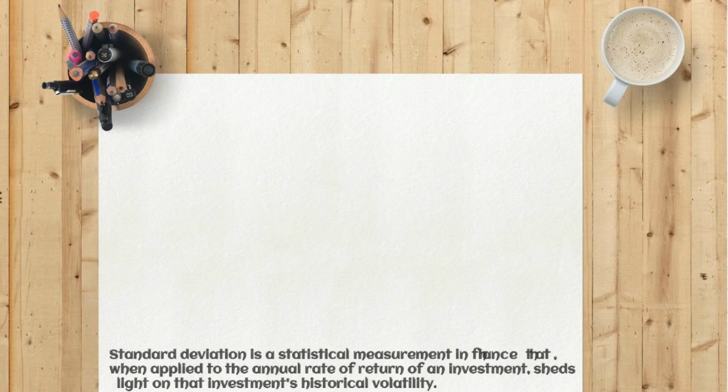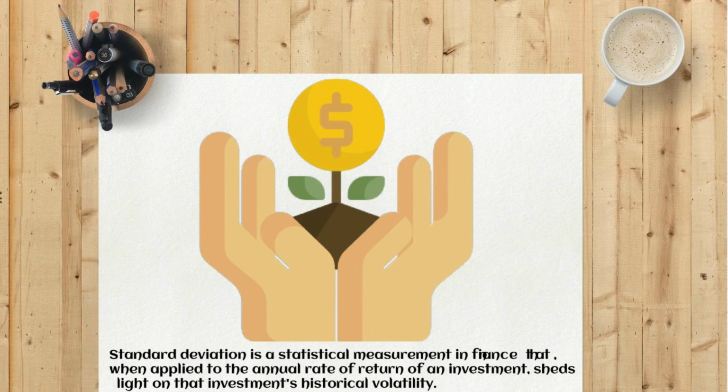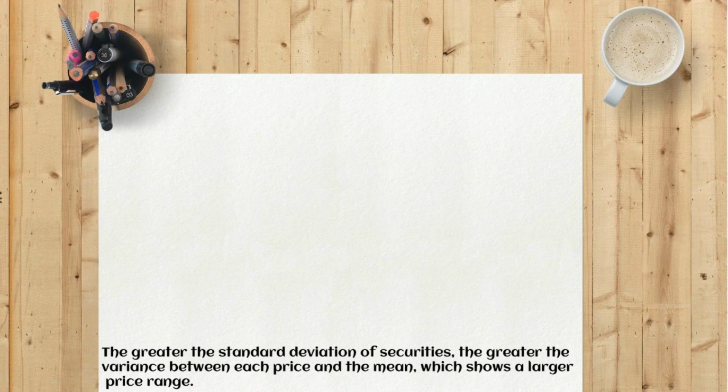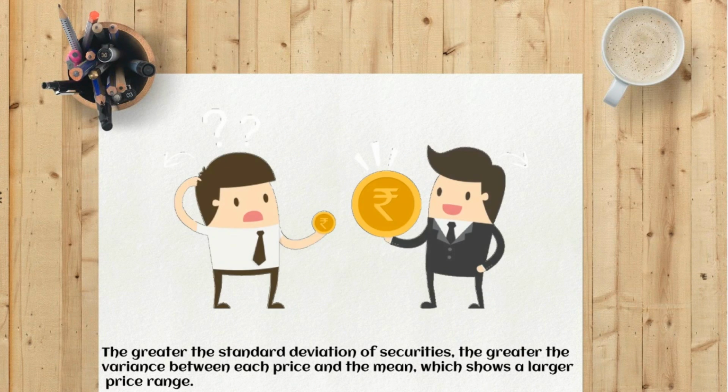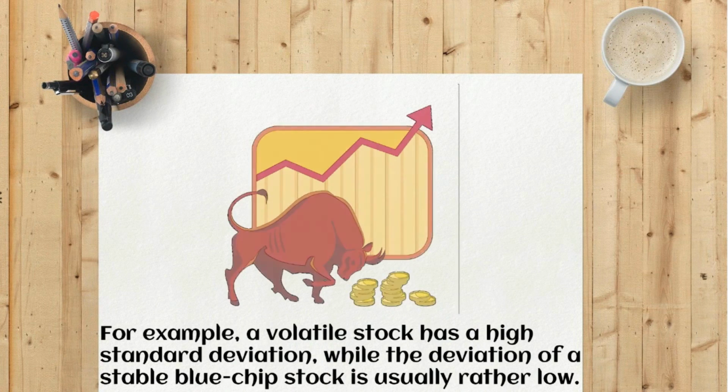Standard deviation is a statistical measurement in finance that, when applied to the annual rate of return of an investment, sheds light on that investment's historical volatility. The greater the standard deviation of securities, the greater the variance between each price and the mean, which shows a larger price range. For example, a volatile stock has a high standard deviation, while the deviation of a stable blue-chip stock is usually rather low.